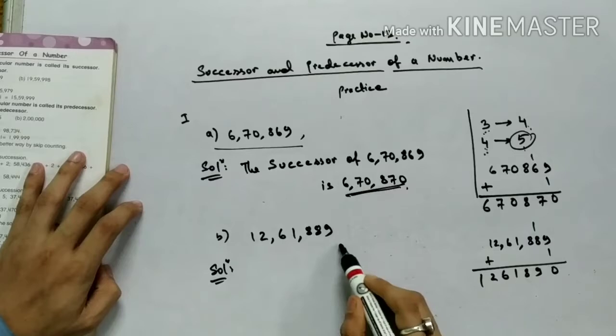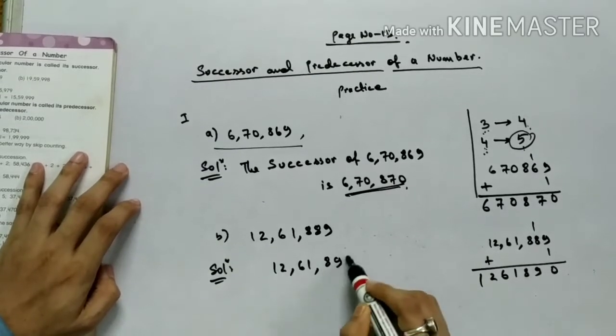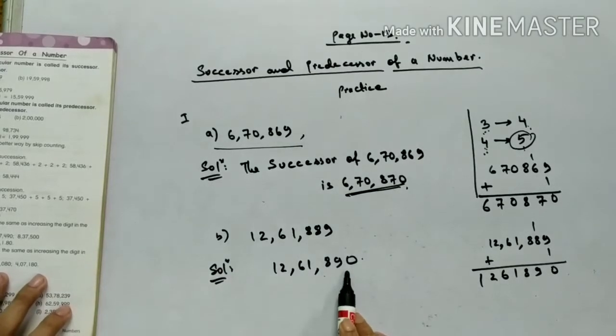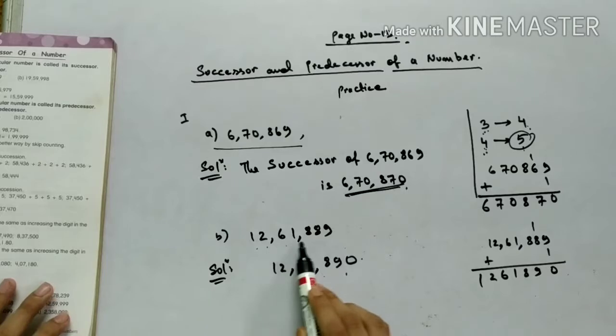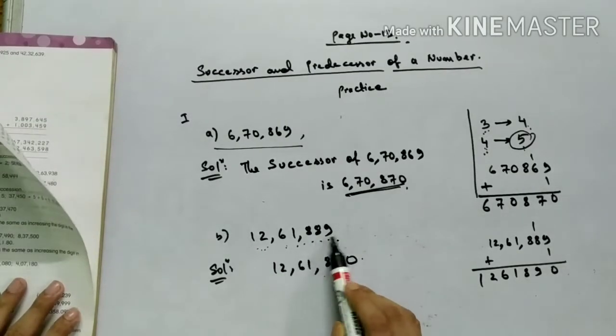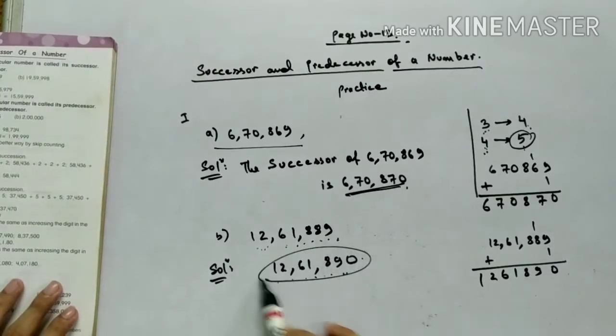So the successor of this number is 12,61,890. This is the number. What is the successor of 12,61,889? The successor of 12,61,889 is 12,61,890. This is the answer.